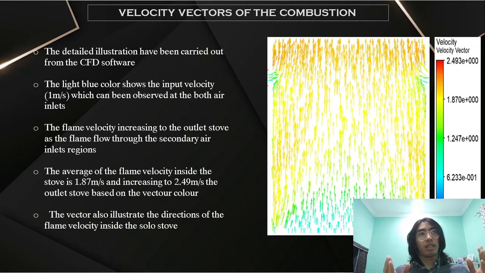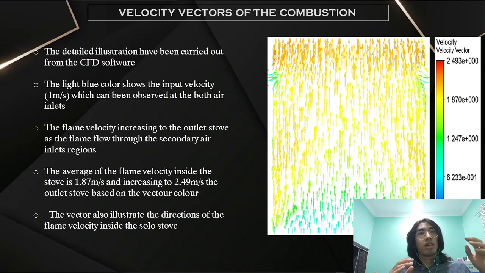As the primary air inlet and secondary air inlets have a velocity of 1 meter per second, you can all see the greenish color at both air inlets.